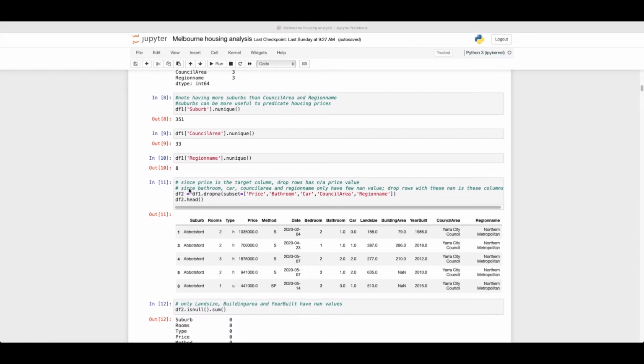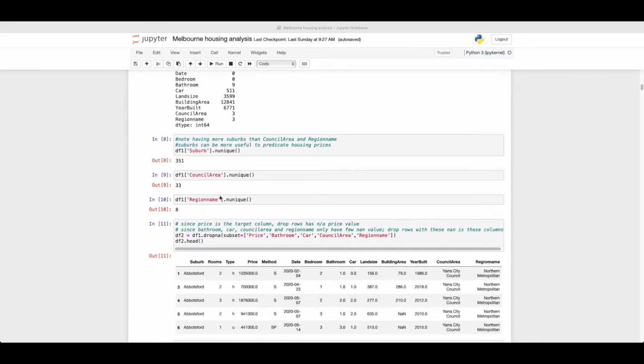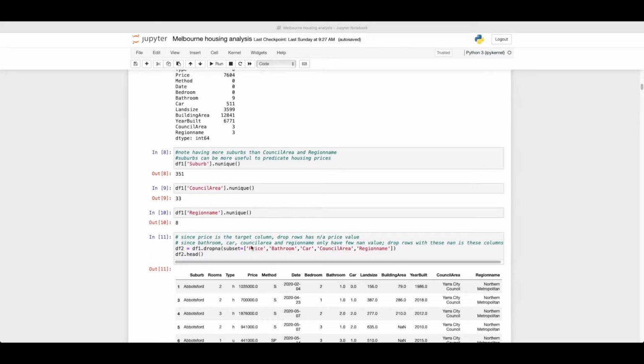All right, in this step, like I mentioned before, I dropped the rows with missing price values, the 3 rows with missing council area values, and the 3 rows with missing regional name values, and so on.